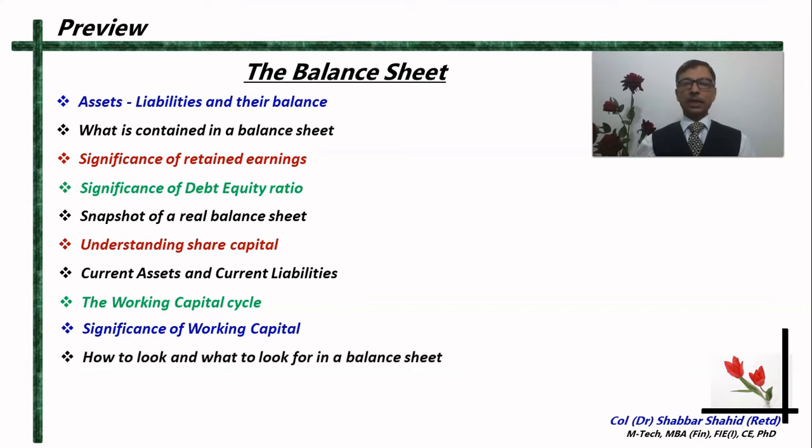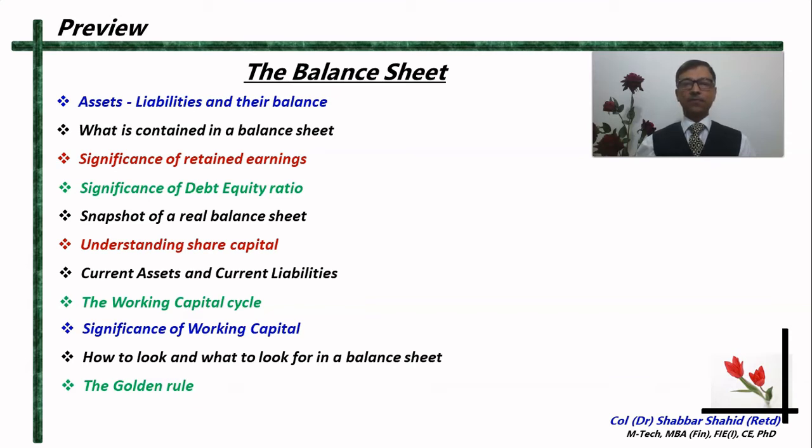And thereafter, I'll explain to you how to look at a balance sheet and what to look for in a balance sheet so that you can understand it from the investment perspective. And then we shall talk something about a golden rule. Now, every balance sheet has got something which needs to be looked into in great detail, and that is a golden rule.